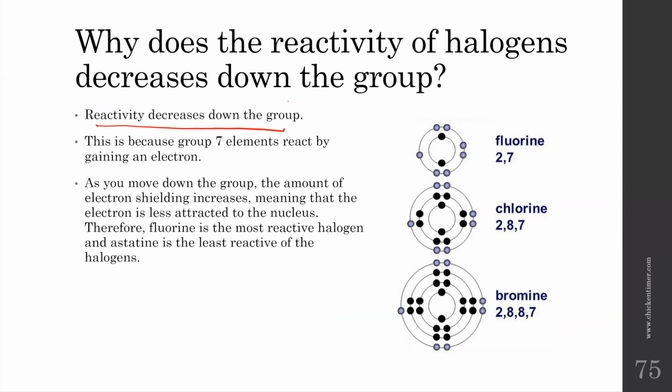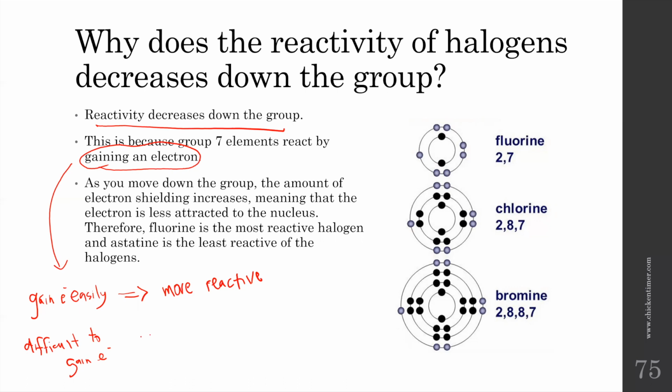So the main way they react is by gaining an electron. Do you remember that? Group 7 elements form an ion by gaining an electron. Gaining an electron easily means that it is more reactive. If it is difficult to gain an electron, it means it's less reactive.